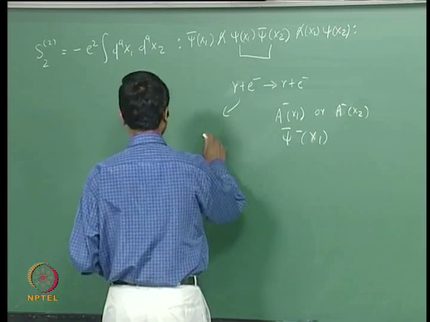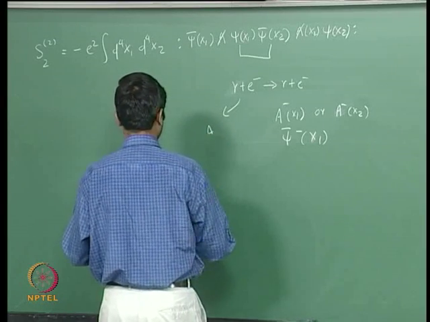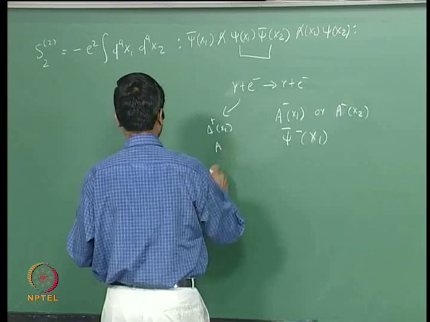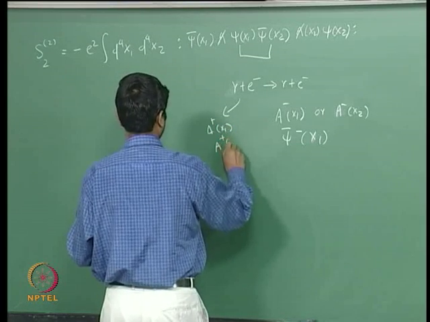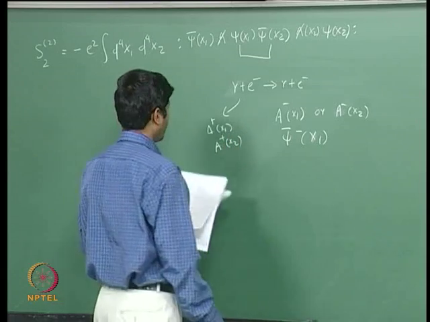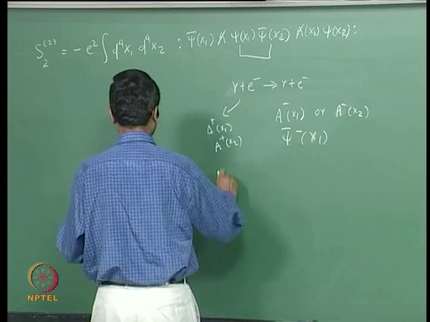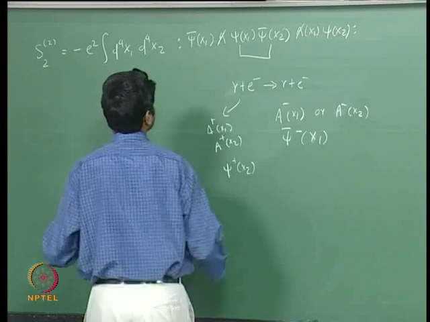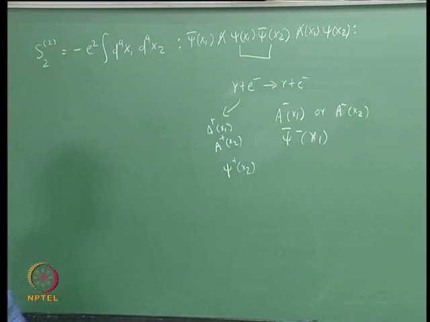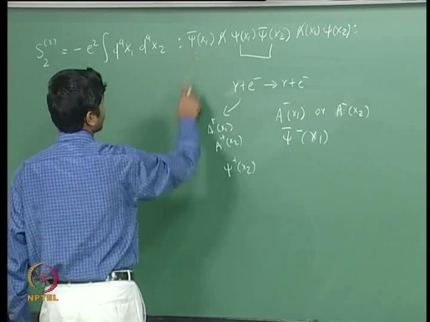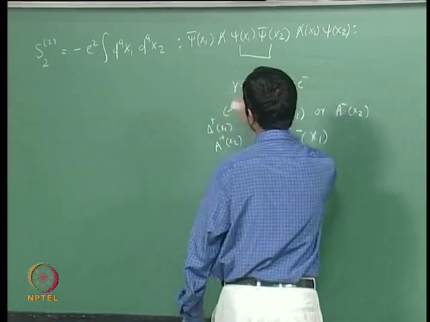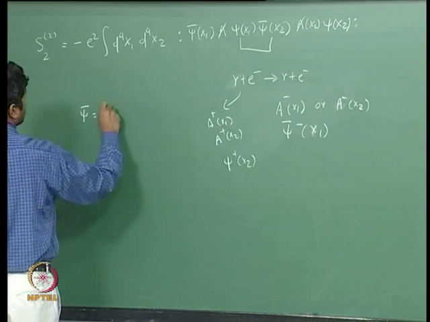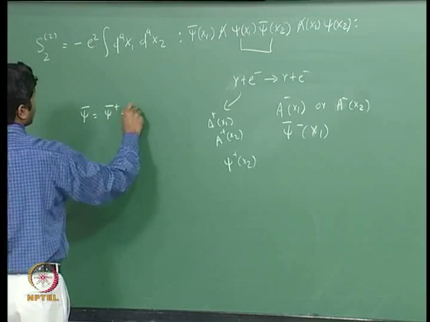For the incoming electron you can have psi plus of x2. Psi bar of x1 will have two terms, psi bar equal to psi bar plus plus psi bar minus.